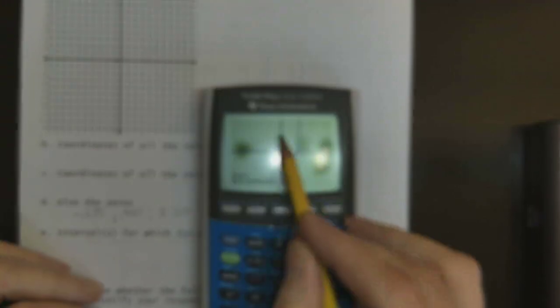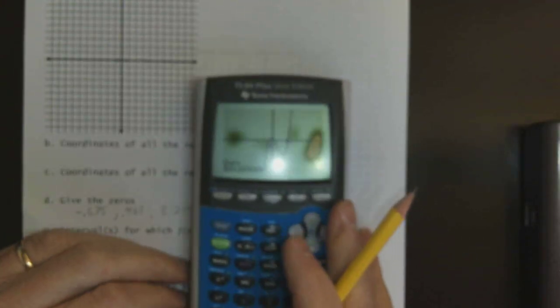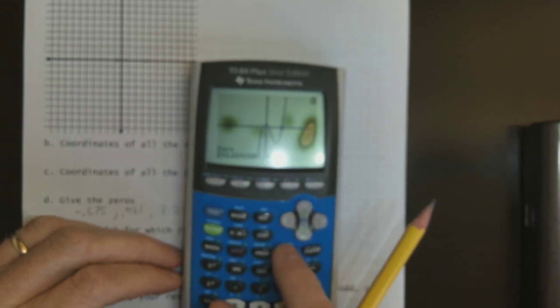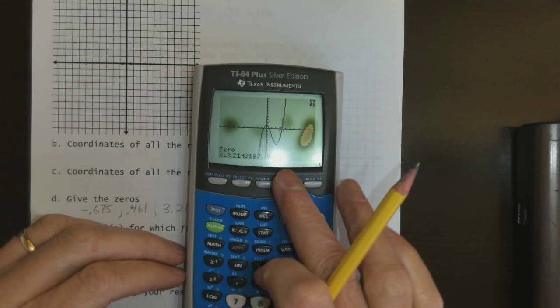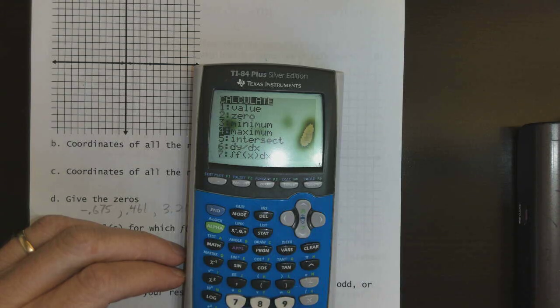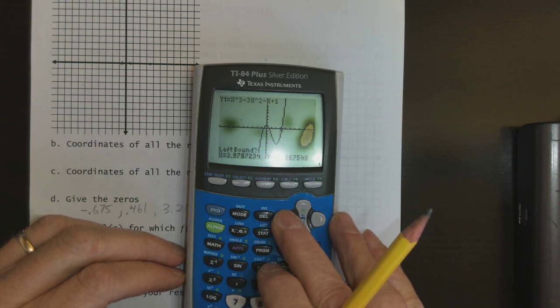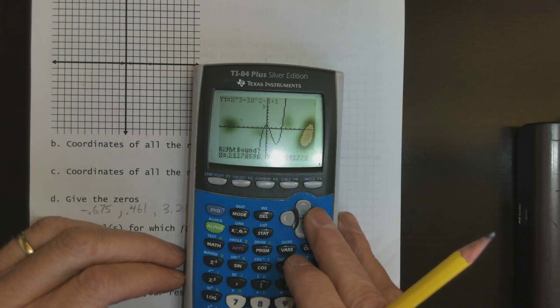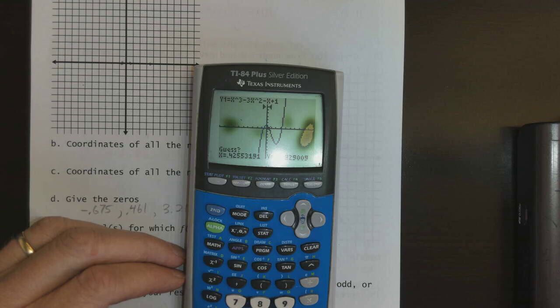Now I have a max right here that I want to look for. Second calc, max, enter, enter, enter.